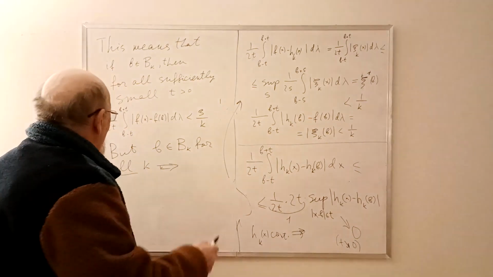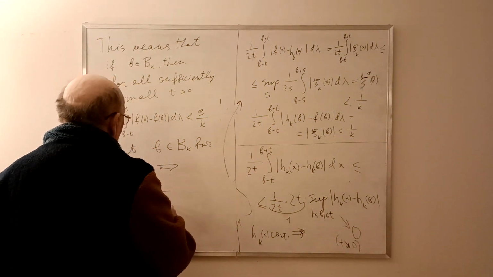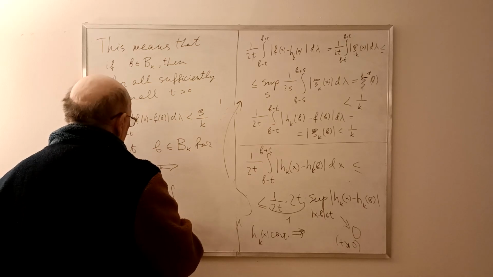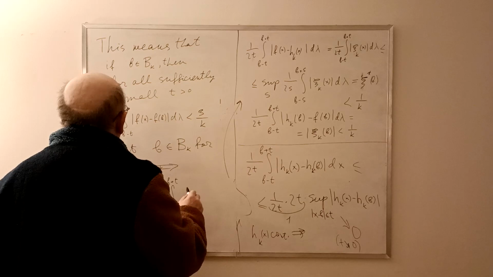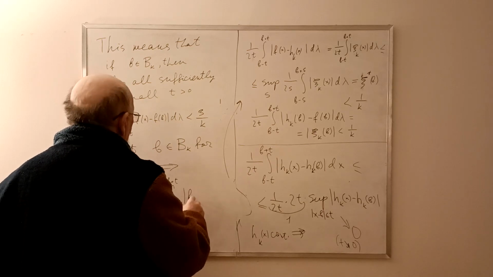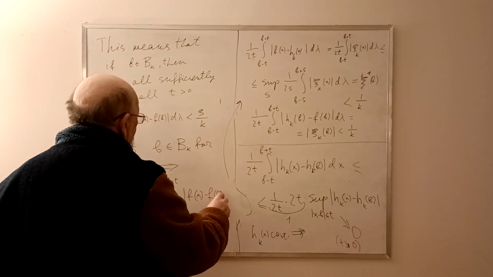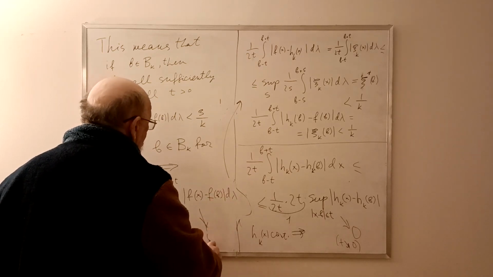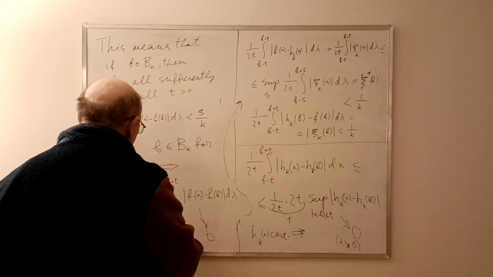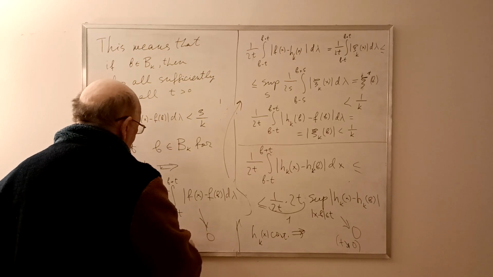So this means that 1 over 2t integral from b minus t to b plus t of modulus f of x minus f of b, d lambda, goes to 0 as t goes to 0.